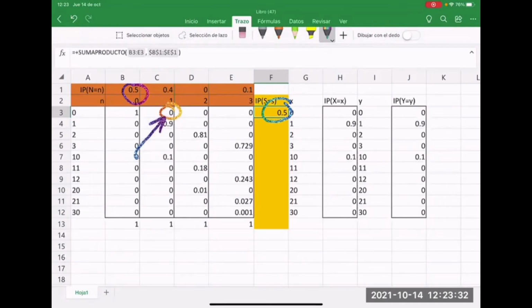Well, because the only reason for which the mass point of the distribution of S at 0 just matches this number here is that we do not have a positive number in this column here. Why is that? Because we're using a strictly positive random variable for the severity.